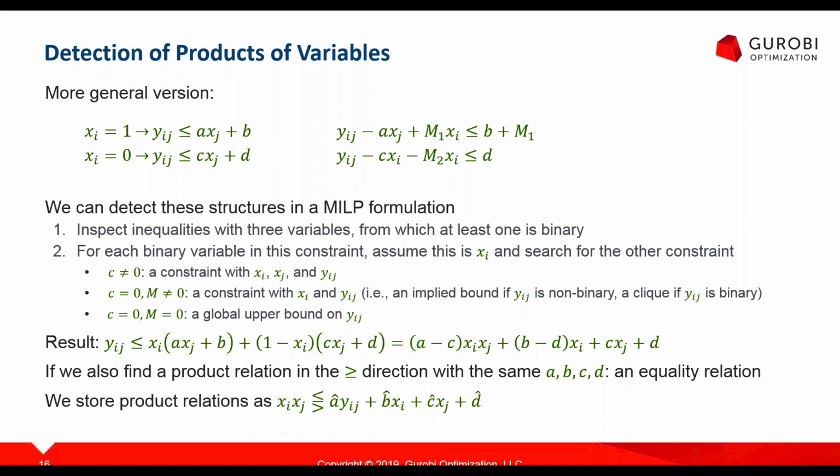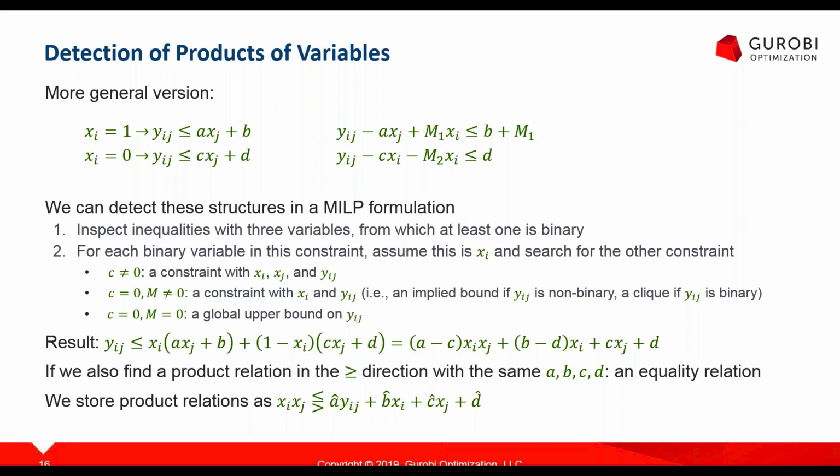And now there are several cases that we need to consider. So the first case is that the second constraint has actually a non-zero coefficient for our xj variable, so the c is not equal to 0. In this case, we are looking also for a 3 variable constraint with exactly the same variables, xi, xj, and yij. Then there is the case that the c is actually equal to 0.